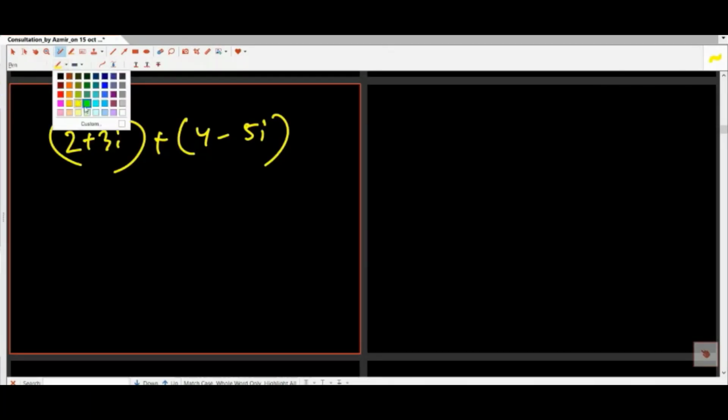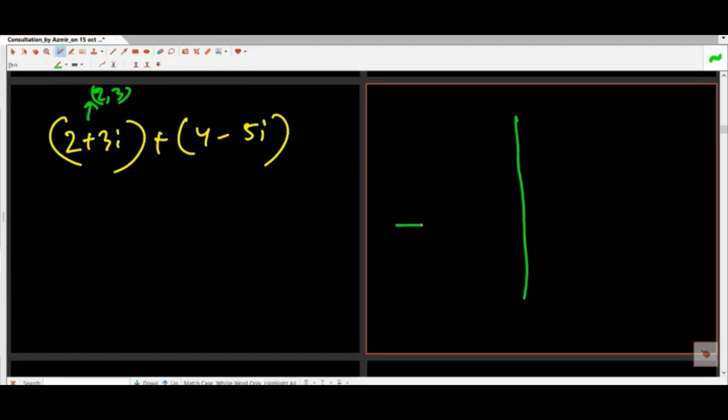First of all, you can see that 2 + 3i is a complex number. We can write it as (2, 3). That means in the Argand diagram, we can easily look at the point 1, 2, 3. That is, (2, 3) will be here.